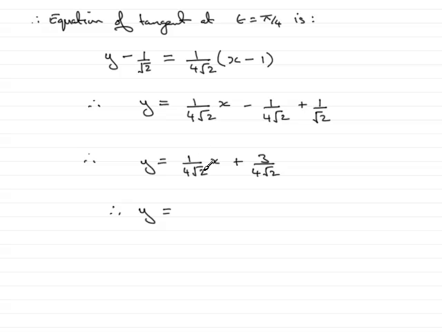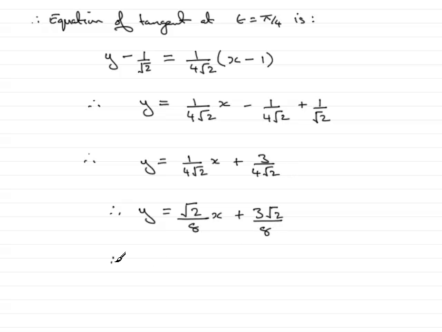If I do that on this one, I'm going to have root 2 on the top, and on the bottom would be 4 root 2 times another root 2, and so that's 4 times 2, which is 8. So we've got root 2 over 8 x, and if I do the same, that is times top and bottom by root 2 on this term, I will have 3 root 2 on the top, and on the bottom I would have 4 times root 2 times another root 2, which is going to be 4 times 2, which is 8.